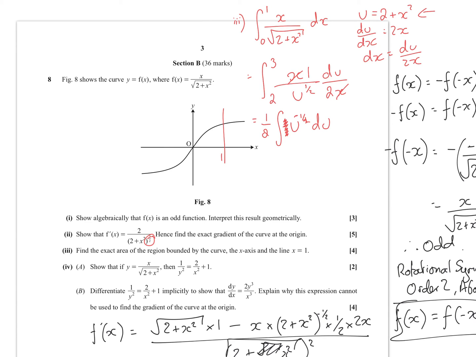Please, there are a few people that are obsessed with ln. ln is only when you've got 1 over u, with just u. No halves, no threes, no anything else. Because that's the one where you can't do our C2 integration. This is a C2 integration now.